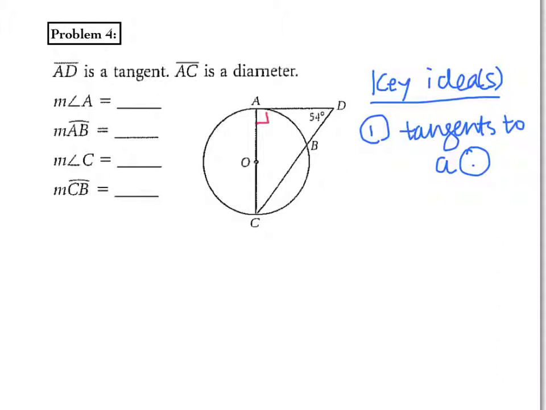So let's look at a couple more ideas that are important here. If I want to be able to find the measure of angle C, I'm looking at angle C, and I notice that there's an arc that is cut off. And here's the corresponding intercepted arc.